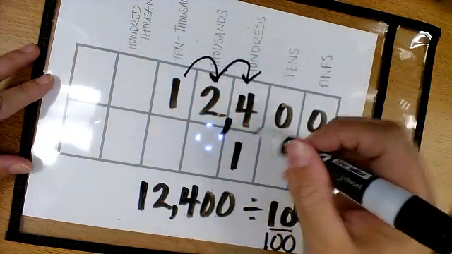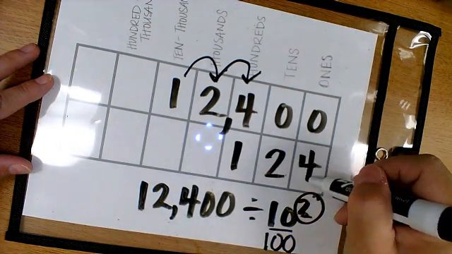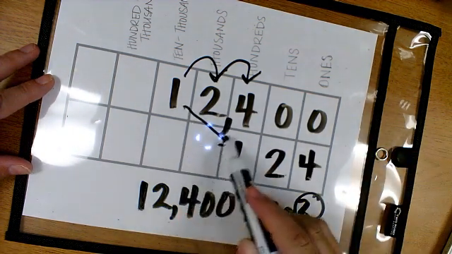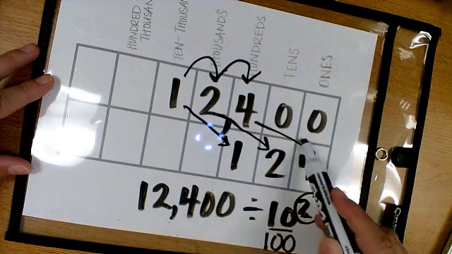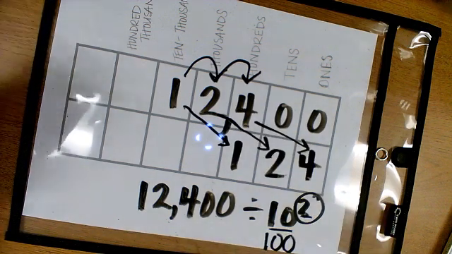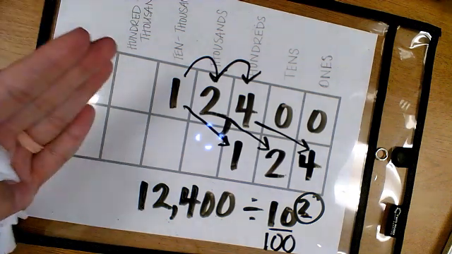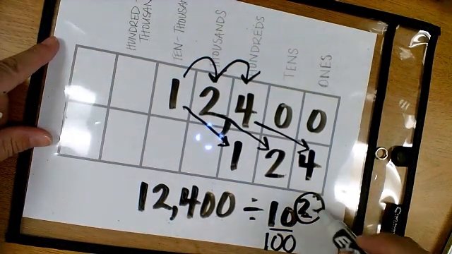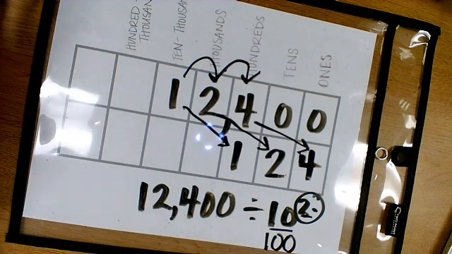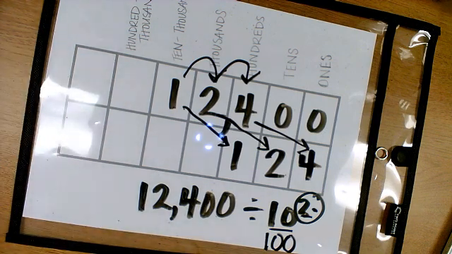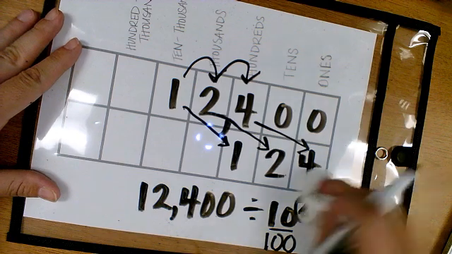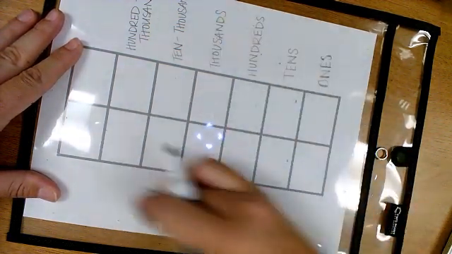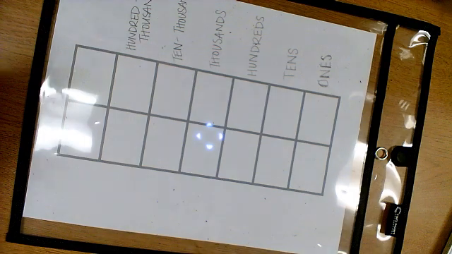So my 1 should be here. You can see that the 1 came over 2 jumps, the 2 came over 2 jumps, and the 4 came over 2 jumps. So each digit in that number moves the same number of spaces that are in your exponent. So 12,400 divided by 10 to the second power is 124. And that's how you multiply and divide whole numbers by powers of 10.